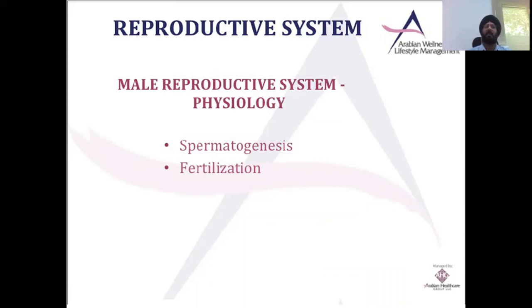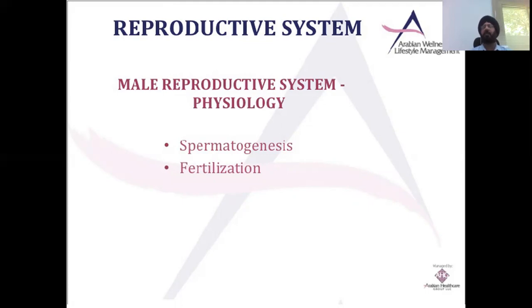Spermatogenesis occurs when the luteinizing hormone, LH, and the follicle stimulating hormone, FSH, are produced. This LH and FSH become more prominent during puberty.